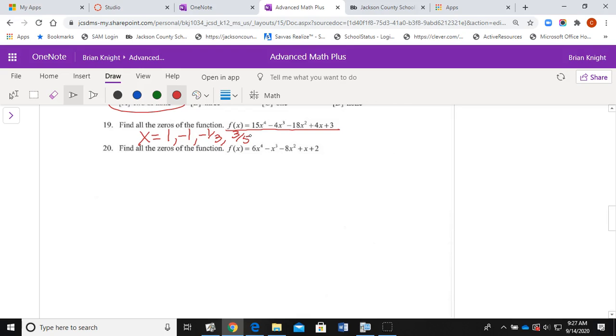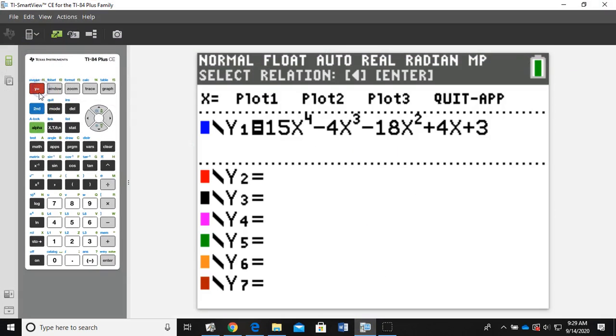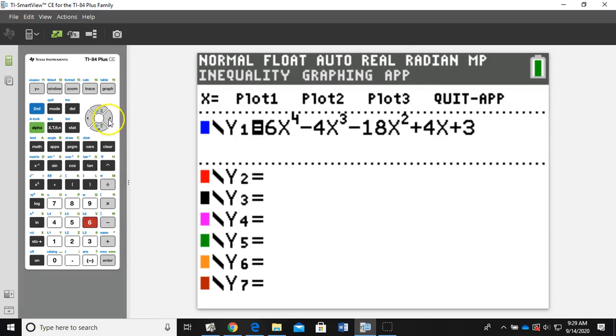You got what now? Number 20, the last one. You're going to get 1 and negative 1 again. And then we plug in, we get 6x to the 4th. Is that right? And then what?